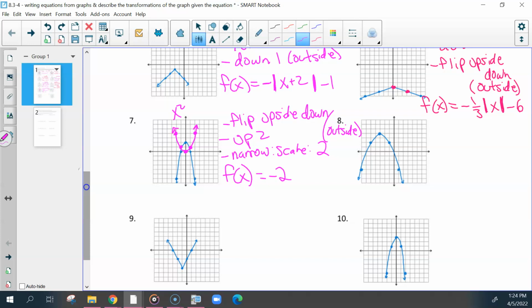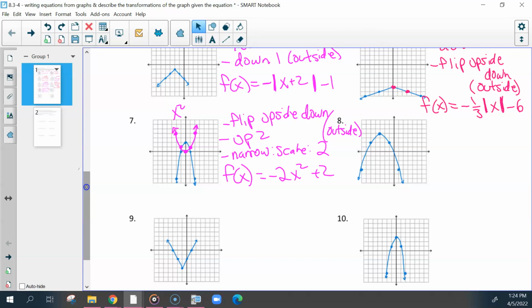And then what? The parent function, the x squared. Not the absolute value because this is a quadratic. There's nothing inside, so I don't need parentheses anywhere. And then plus 2.